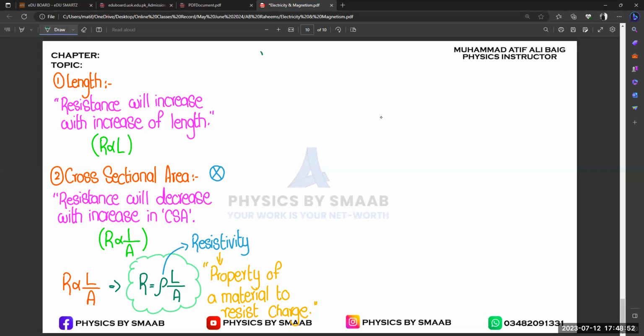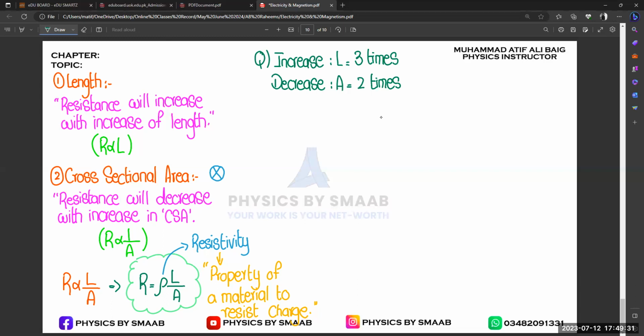Question: if we increase the length of a wire some number of times, and we decrease the cross-sectional area by 2 times, what will be the change in resistance? So you need to answer that.